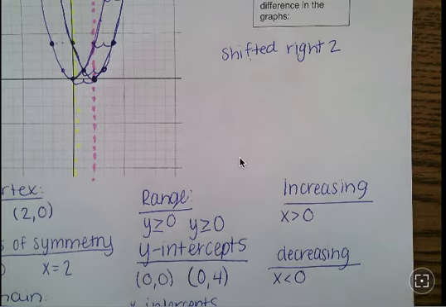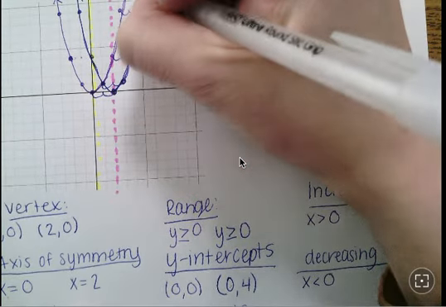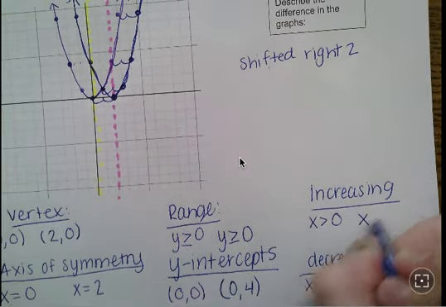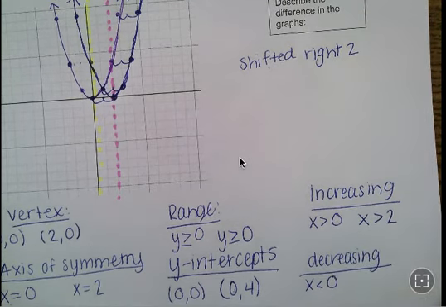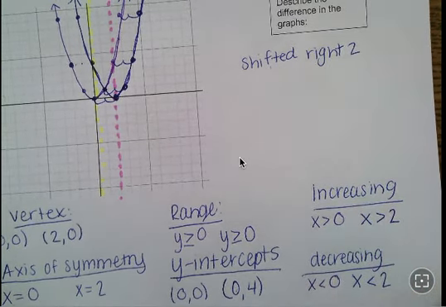Great. So then here with the blue graph, we're increasing on this side of the vertex. So that means we're increasing when x is bigger than 2. And that means we're decreasing on the other side of 2. So notice because we've shifted 2 to the right, that also means that our increasing and decreasing intervals are going to shift as well.